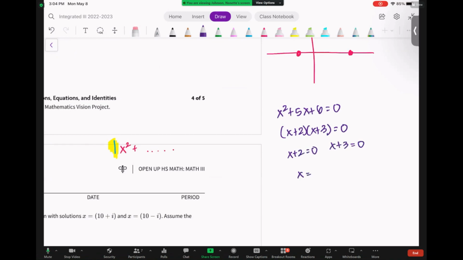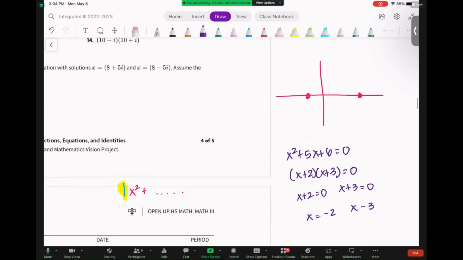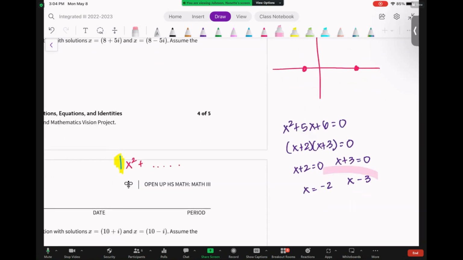And then you solved each one. And then you got x equals -2, x equals -3. And there's your answer, right? What they're doing is they start you here, and they want you to go backwards and find your quadratic. So basically, we're just going to go in reverse order.